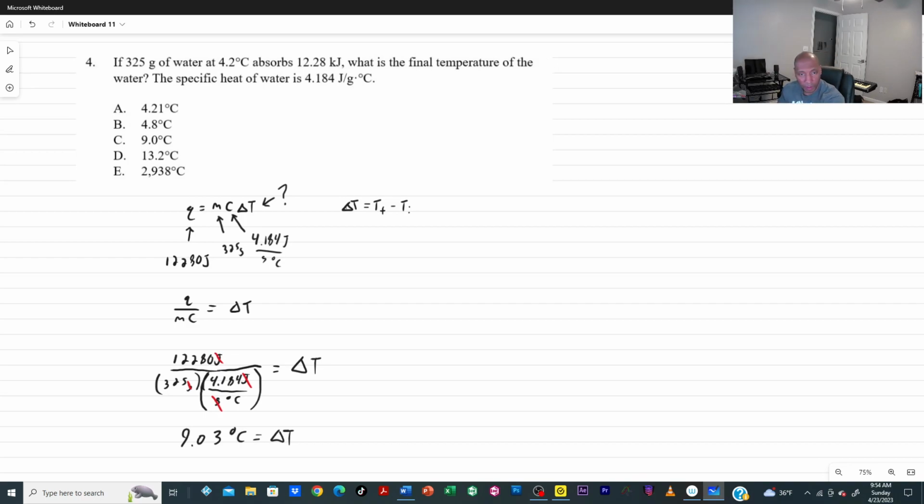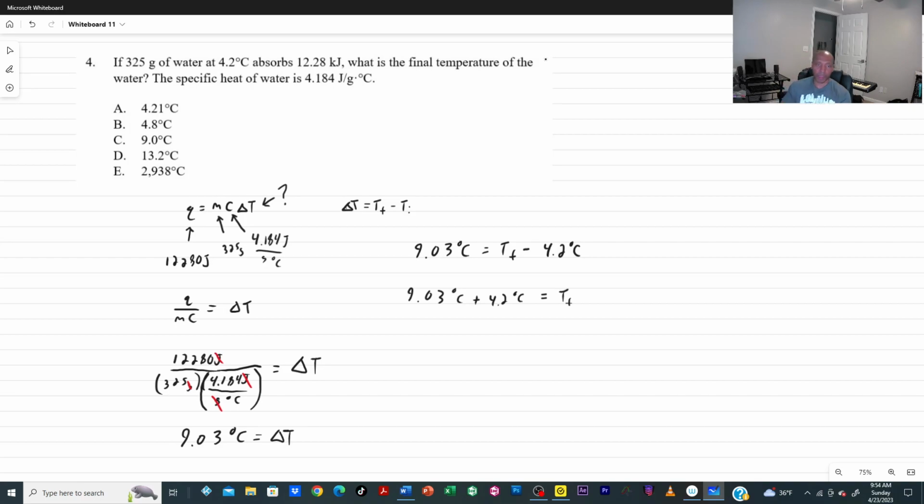Okay, so now they tell us what the initial temperature was. The initial temperature was 4.2 degrees Celsius. So I'm going to say that 9.03 degrees Celsius, which is equal to delta T, is equal to T final minus 4.2 degrees Celsius.